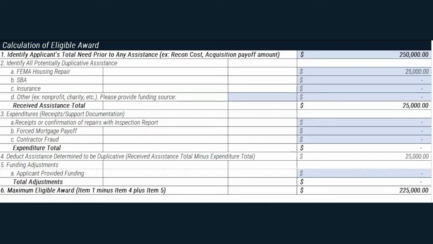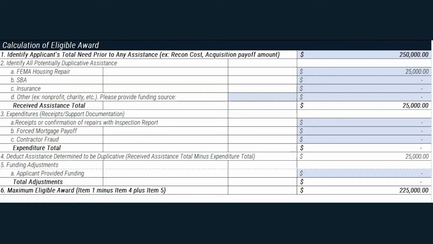Our applicant received $20,000 for repairs to the home during Hurricane Harvey and has been approved for and is receiving $5,000 for repairs to the home after the Texas severe winter storms. Therefore, they input $20,000 plus $5,000 or $25,000.